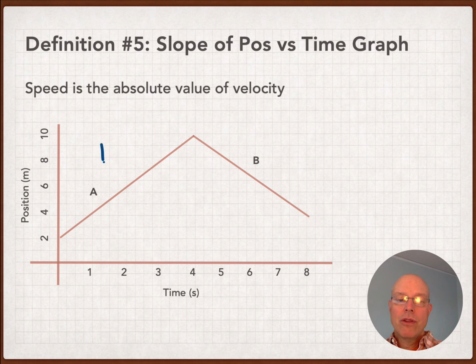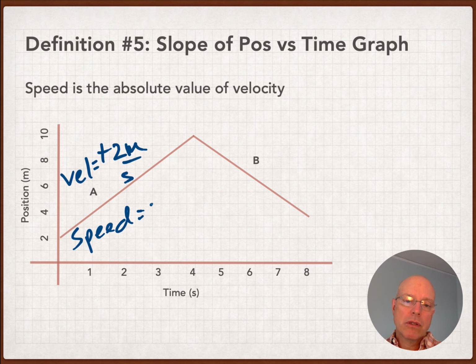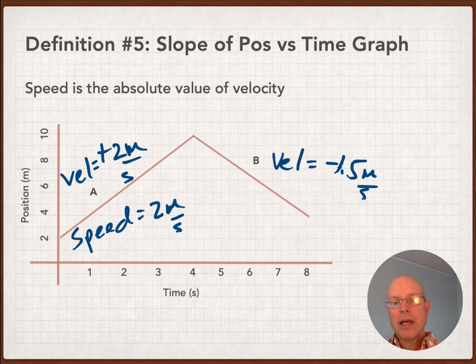If the velocity of this section was equal to plus 2 meters per second, then the speed of that is just 2 meters per second. If the velocity over here was negative 1.5 meters per second, then the speed of this particular section is going to be just plain 1.5 meters per second. And the plus you can ignore.